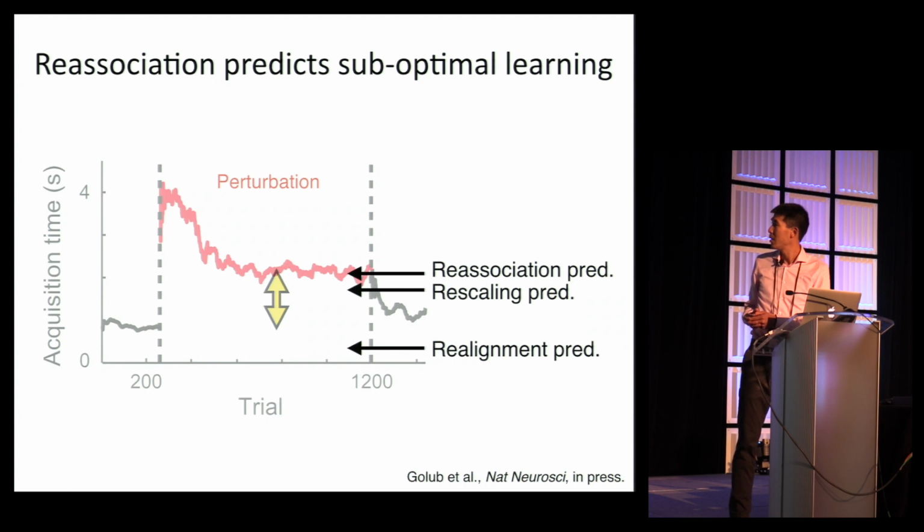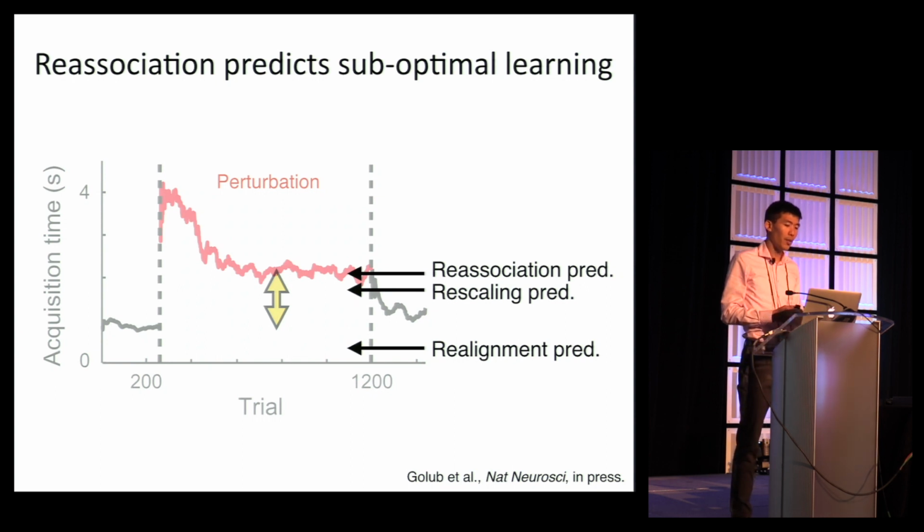Rescaling often predicted acquisition times that were a little bit better than what the animal showed post-learning. And reassociation did a good job at predicting what the animal's performance would be after learning.